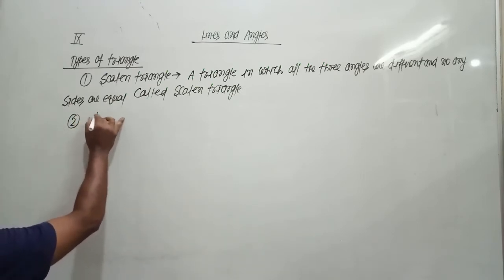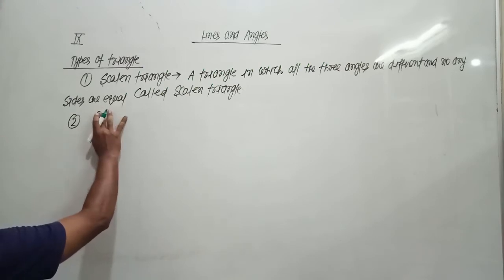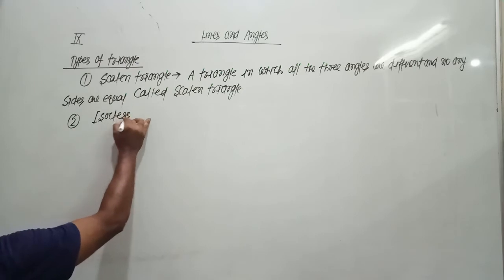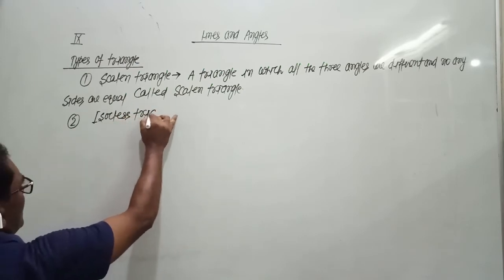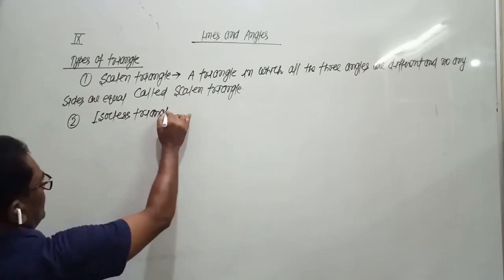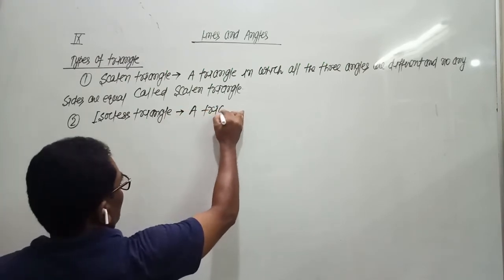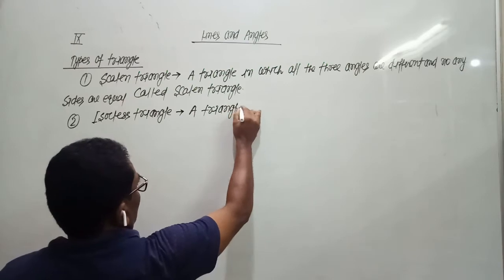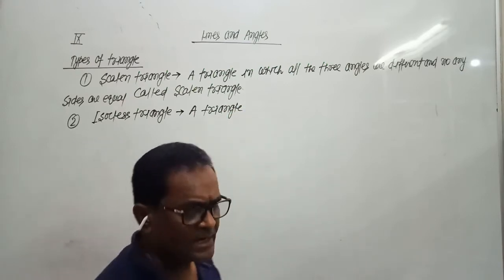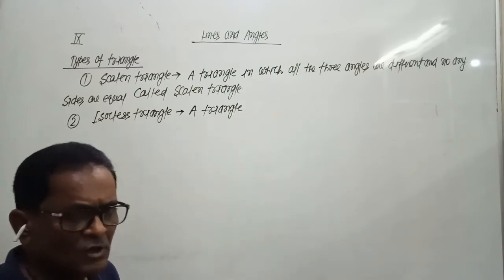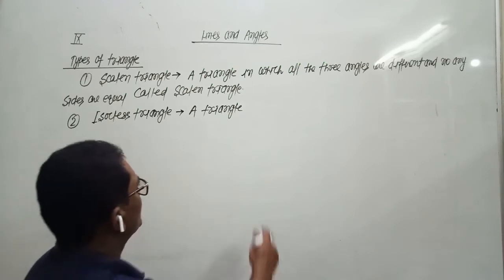Second is isosceles triangle. A triangle in which two sides are equal and also two angles are equal.